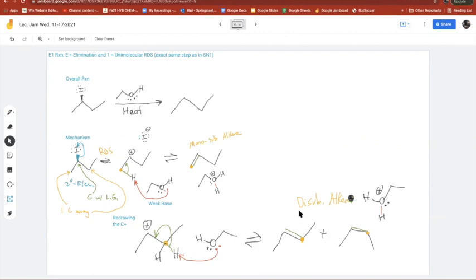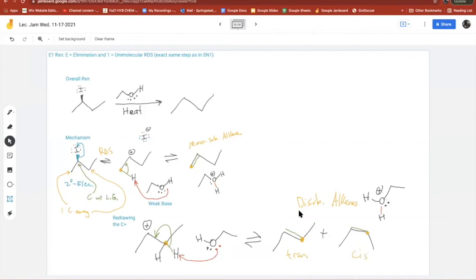They're di-substituted, and what that means is they have 2 alkyl groups attached to the carbon-carbon double bond, to the alkene. So you got 1, 2, 1, 2. They are different in that this one is called trans disubstituted and this one's cis.